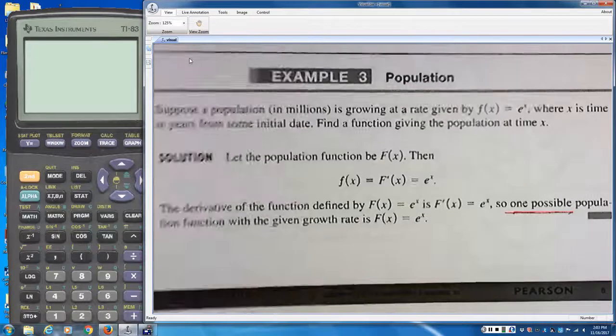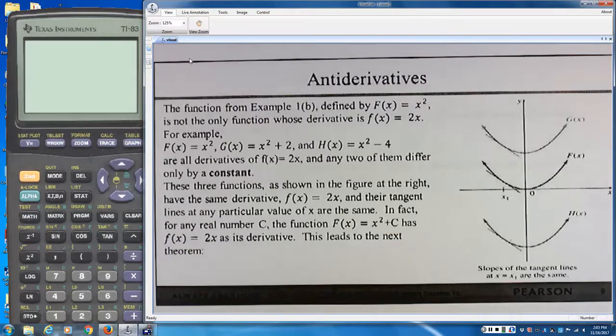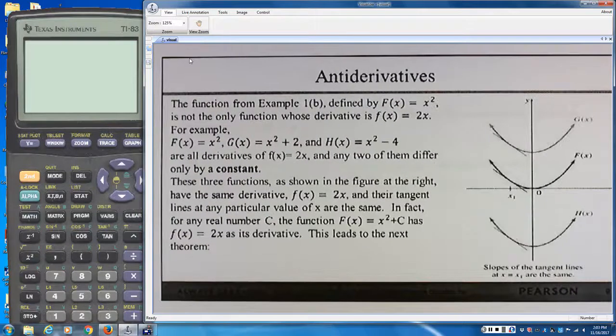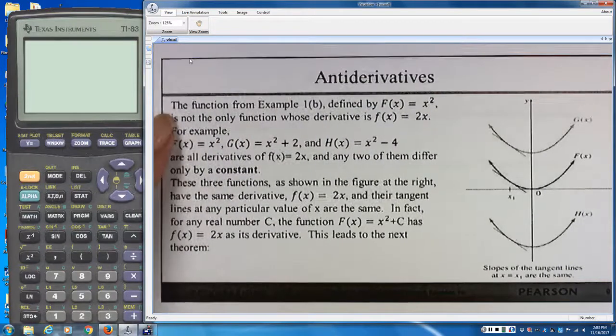So in the case that we're looking at, here's what we want to look at about antiderivatives that I mentioned earlier. When we have a function like f of x equals x squared, that's not the only function that has a derivative of 2x. X squared plus 3 has a derivative of 2x.